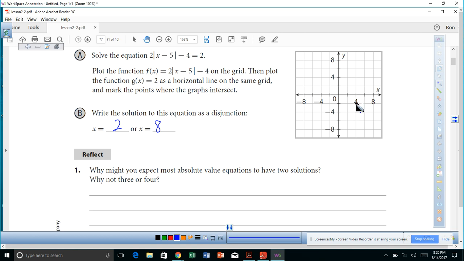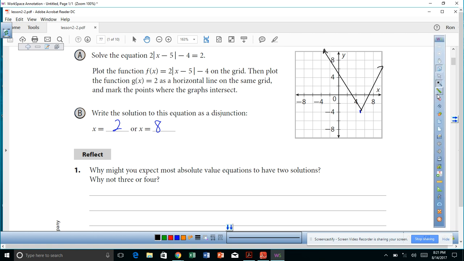And let's see. We'll grab it. And it's going to go through there. And it's going to go through about right there. So we'll put this here and that there.